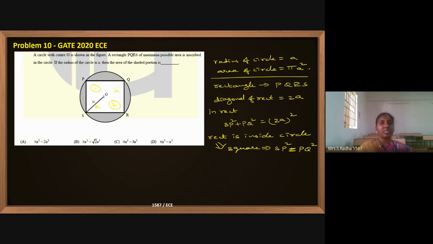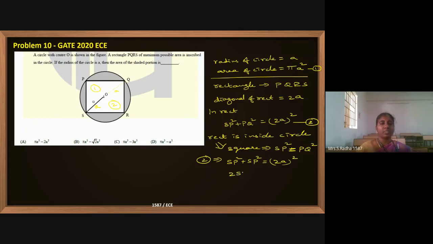I will make the area of the circle equation number 1, and this as equation 2. Now in equation 2, SP square plus SP square is nothing but 2A whole square, because it is a square. That is the reason it fits correctly inside the circle.